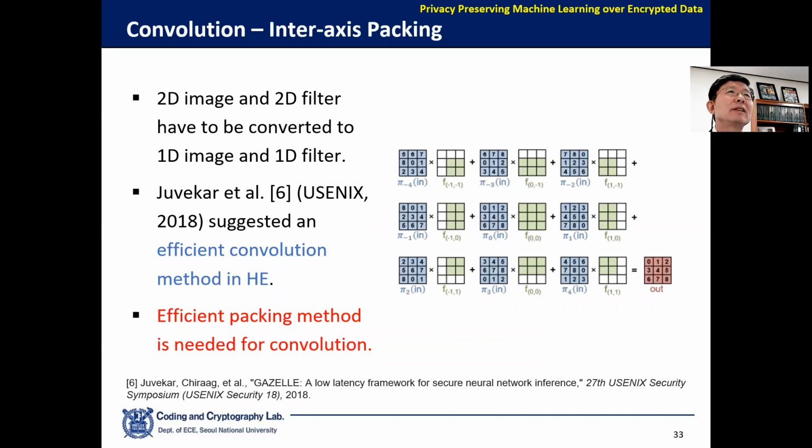Convolution in inter-axis packing: the 2D image and 2D filter have to be converted to a 1D image and 1D filter. Juvekar et al. suggested an efficient convolution method in HE. So an efficient packing method is needed for convolution.